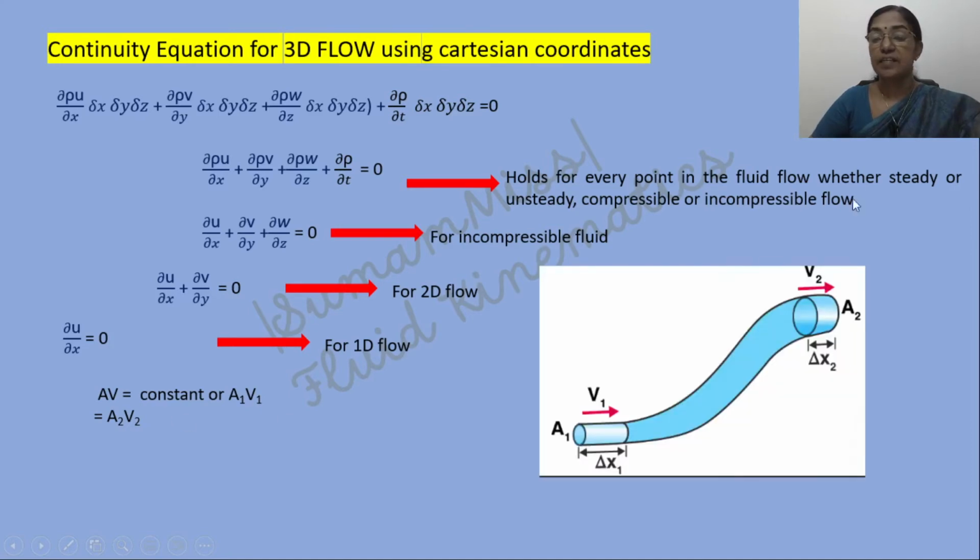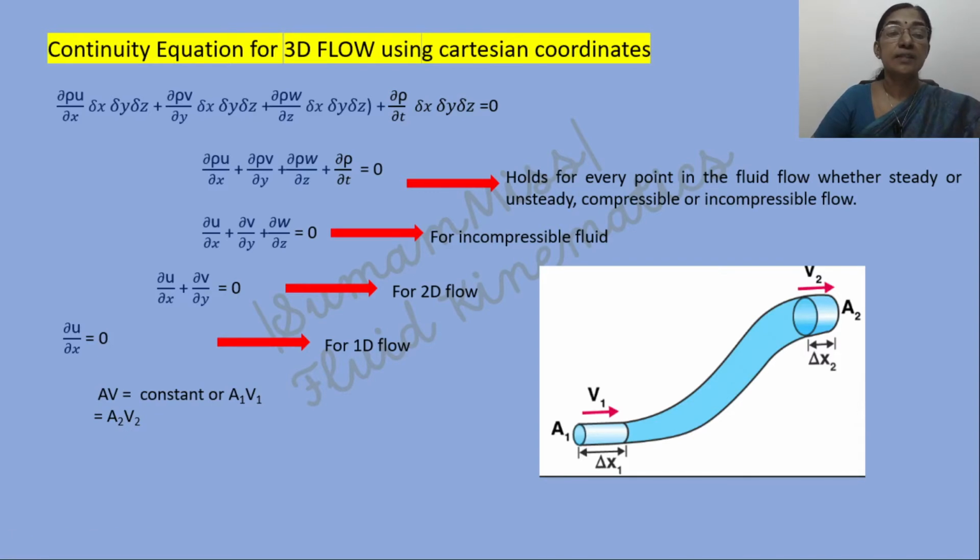This can be explained by means of this figure. A1 and V1 are the cross-sectional area and the velocity at section 1, and A2 and V2 are the cross-sectional area and the velocity at section 2. So A1V1 equal to A2V2 is the continuity equation which we derived earlier.